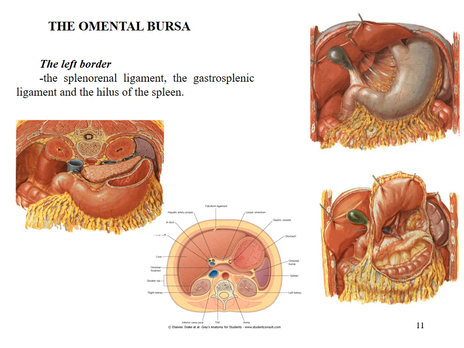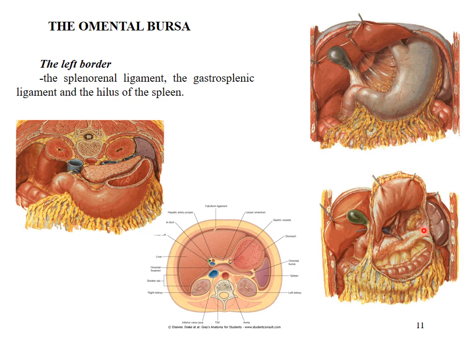Left border. This is the left border, the bottom of the omental bursa, and it is situated between the splenorenal ligament, this is the splenorenal ligament, and the gastrosplenic ligament, and corresponds to the hilum of the spleen.